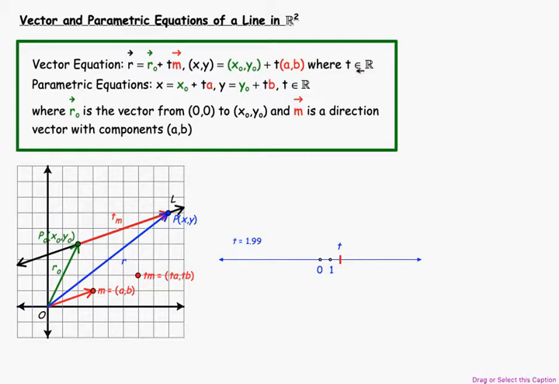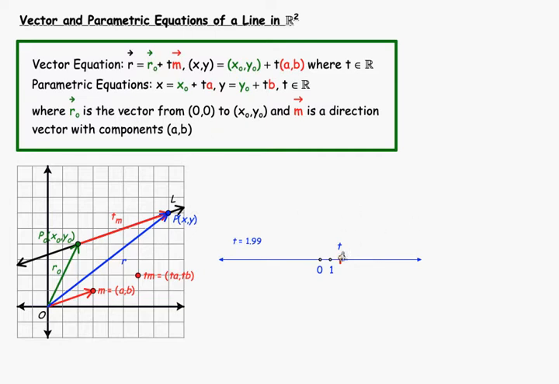This will be important to write down. We have to allow t to assume the values of all real numbers in order to trace out the entire line. Parametrically, the x equation would be x naught plus ta. The y equation would be y naught plus tb. t is any real number, and I've already mentioned where that came from.